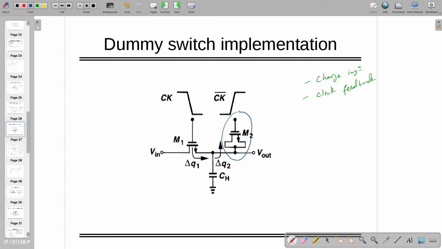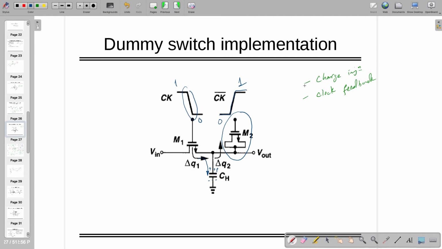So what this technique says: the delta Q charge is going to be available at this positive plate of the capacitor. Now this is happening from the clock going from 1 to 0, but I'm adding one more MOSFET which is going from 0 to 1.